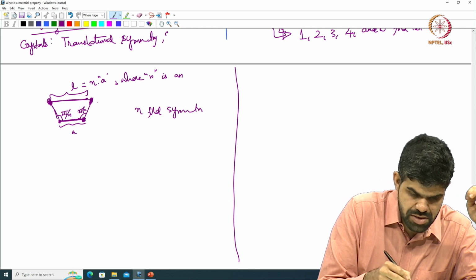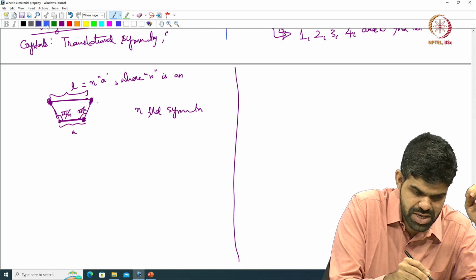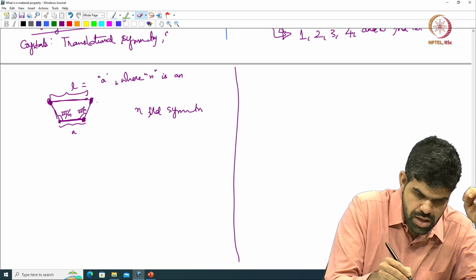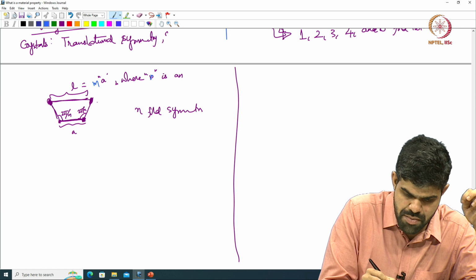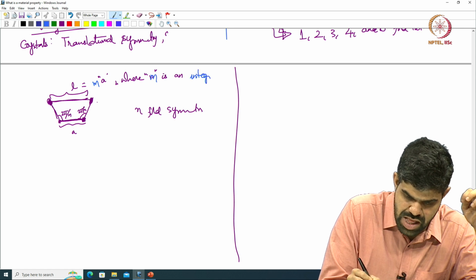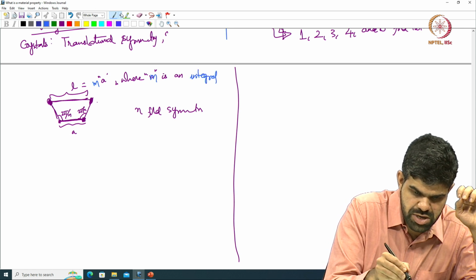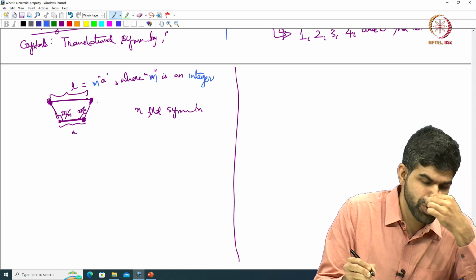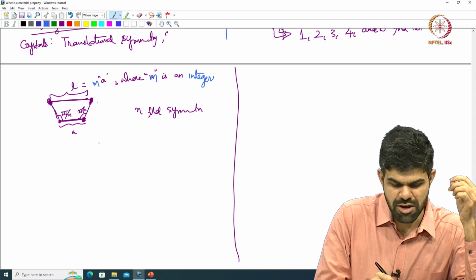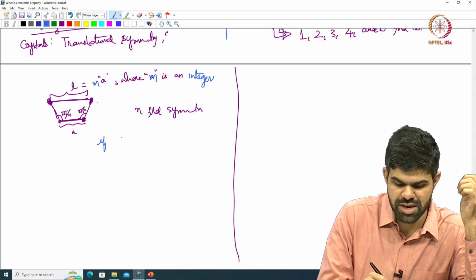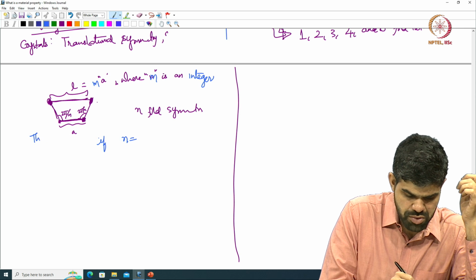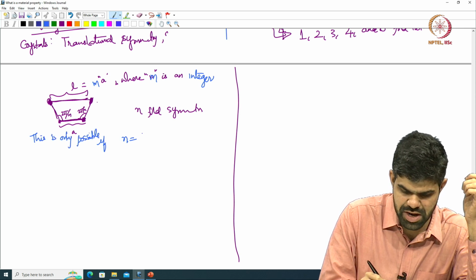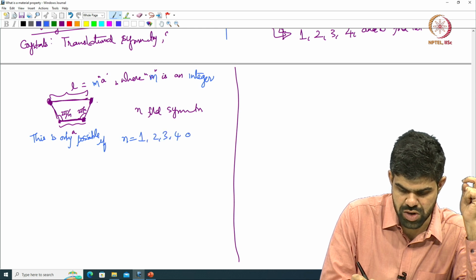Since I am using n for rotation, let me call it m times a, where m is an integer. And you can show that m will be an integer only if n equals 1, 2, 3, 4 or 6.